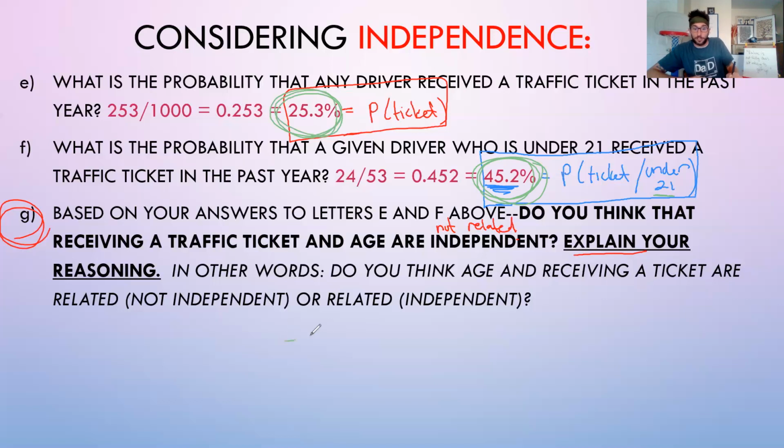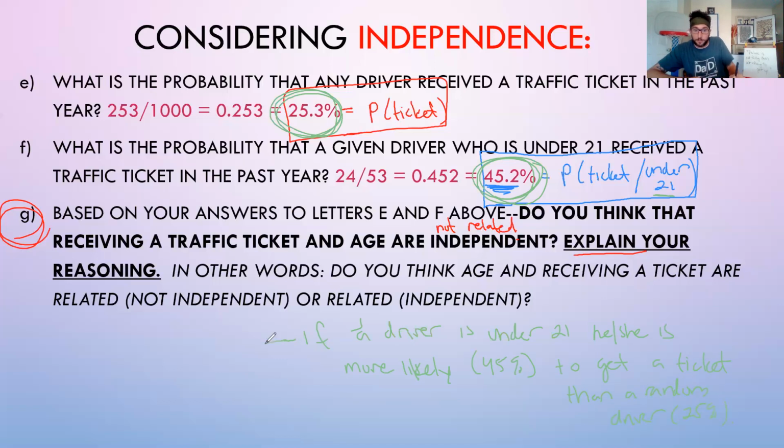Right, so that's going to be our reasoning. The reasoning here is going to be if a driver is under 21, then he or she is more likely, about a 45% chance, to get a ticket than a random driver, which is about 25%.